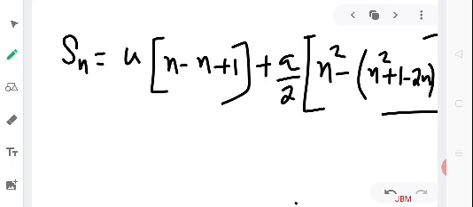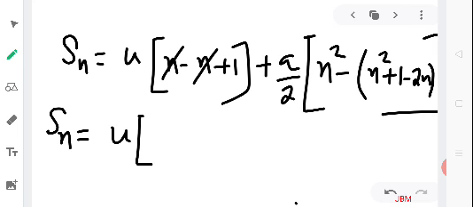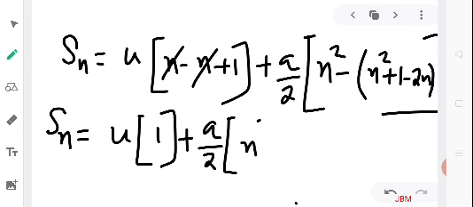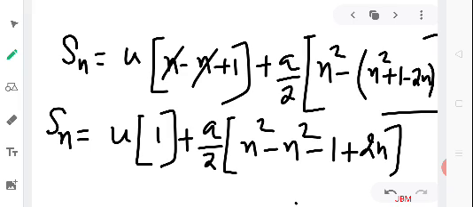Now we will remove the bracket because we have written all the terms. So S n will be equal to u. You can see you can cancel out n. You are left with 1. So it is 1 plus a by 2. In this case we have n square minus n square, minus plus minus 1 minus minus plus 2n.